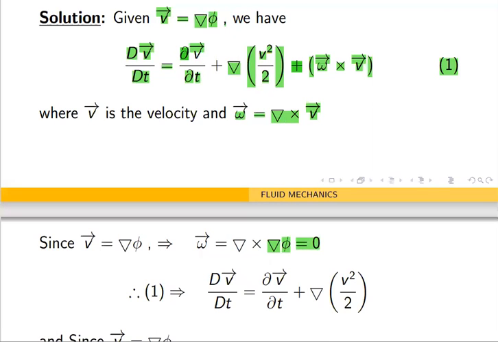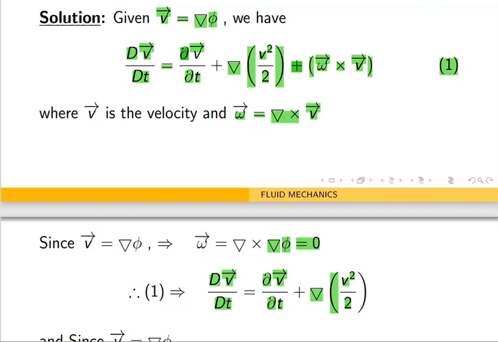Substitute in 1. Using omega equal to 0, equation 1 becomes dv by dt equal to dou v by dou t plus gradient of v square by 2. Since omega is 0, the third term on the RHS becomes 0.